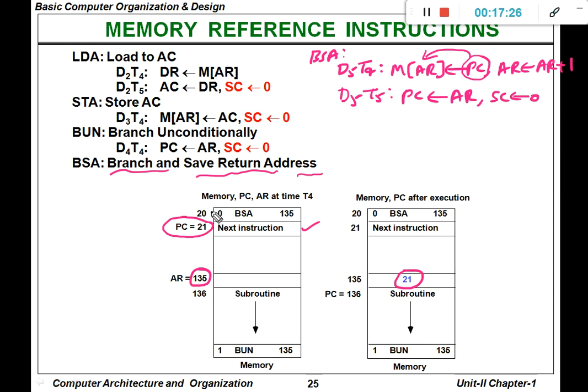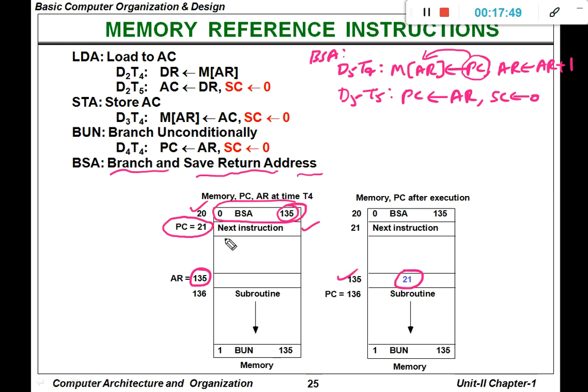Next, what do I need to do? For that purpose, I am going to execute the BSA instruction, branch and save return address, and the location to save has been given as address 135. So I need to store the program counter in location 135. I have done that.